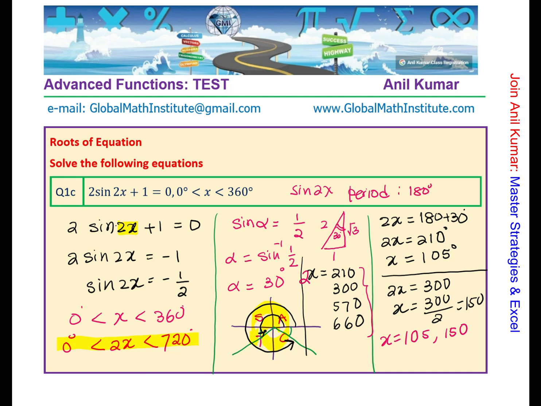So it's going to repeat after 180, right? So add 180 to this. So if I add 180, I get 285, correct? And adding 180 here, we get 333 and 332. You understand? So these are the four answers or solutions to our equation.